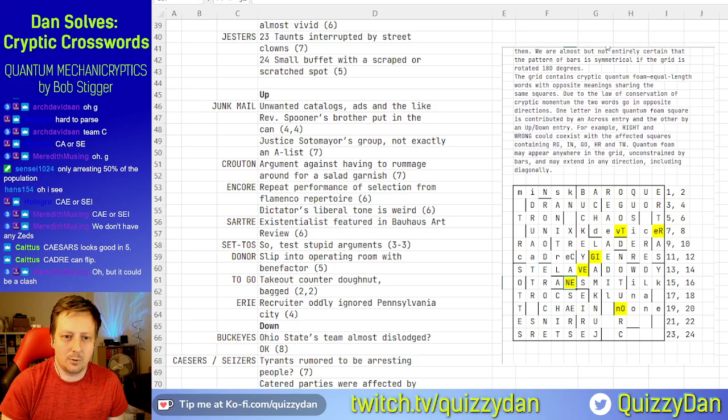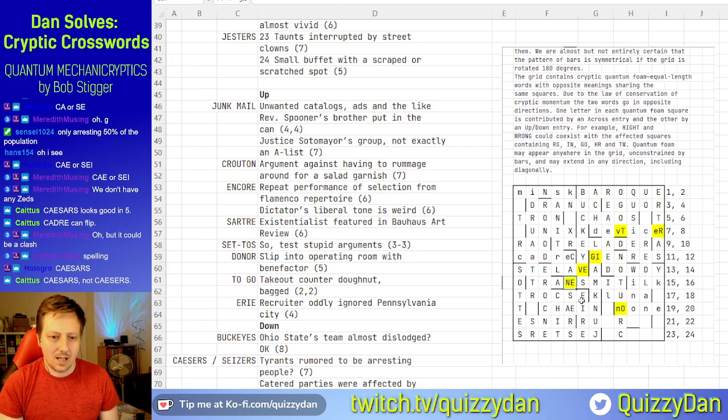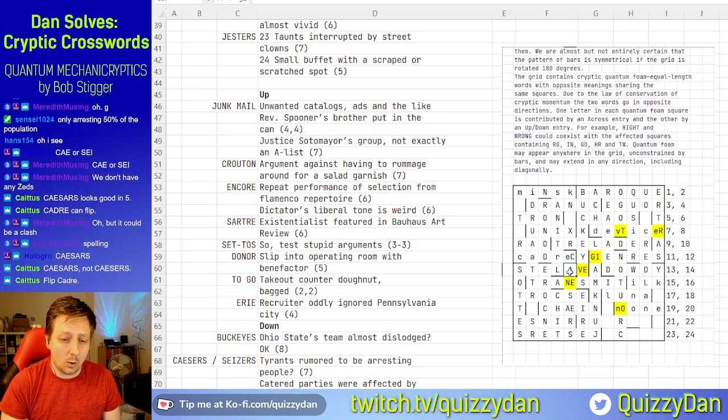And we can put another line here and there. So is that flip cadre? Oh, okay. Yeah. So we can flip that, and that probably just works.